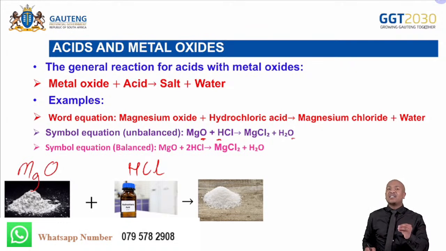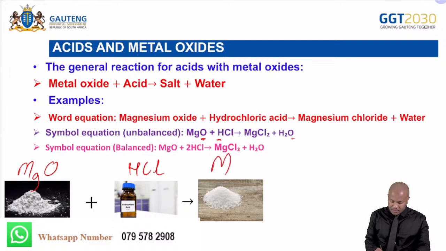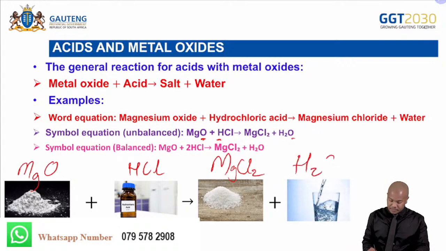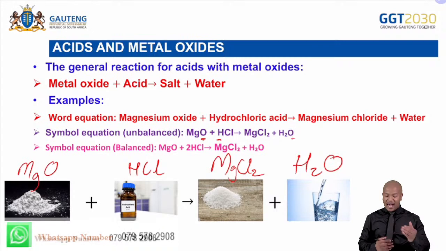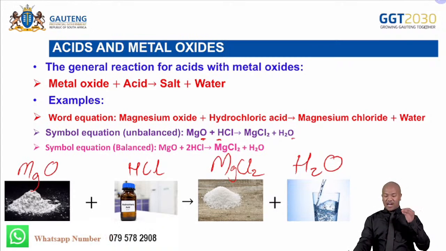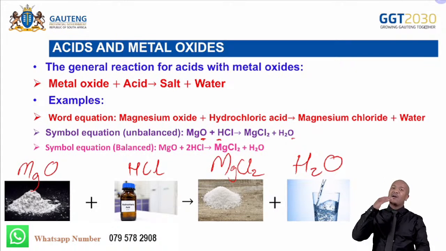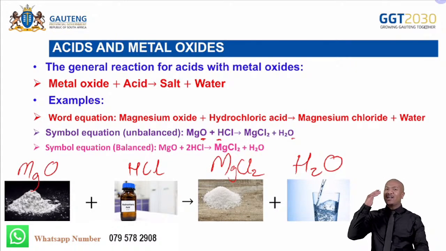As we said, that salt is crystal-like, right? So this is our magnesium chloride, plus a molecule of water as well. So bear in mind that when you react magnesium oxide plus hydrochloric acid, you form magnesium chloride plus water. The general reaction is a metal oxide plus an acid forming a salt and water.